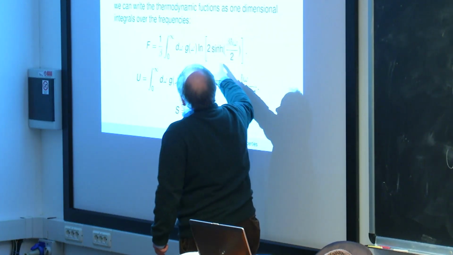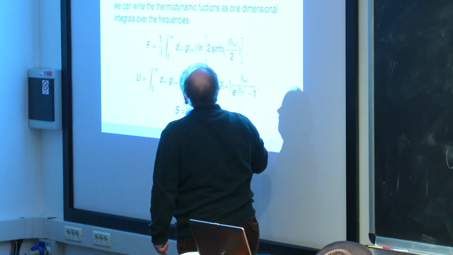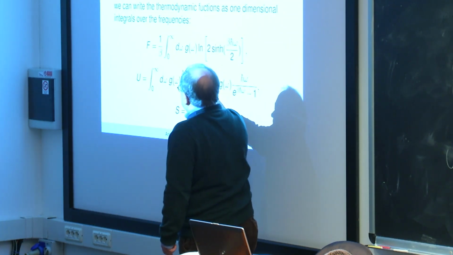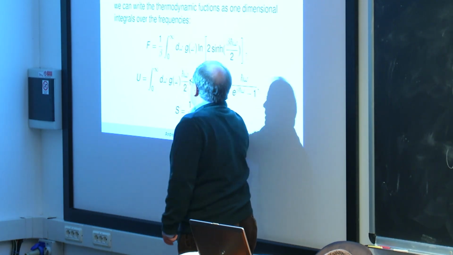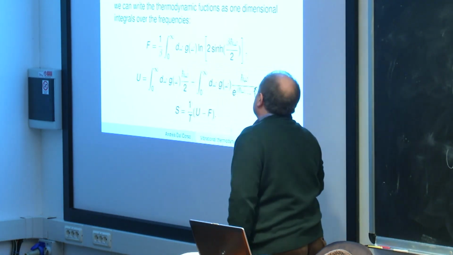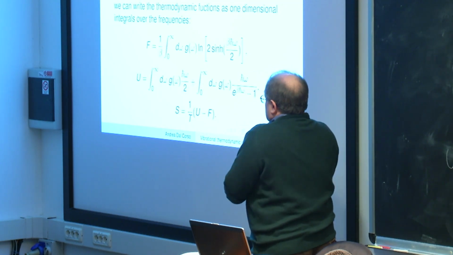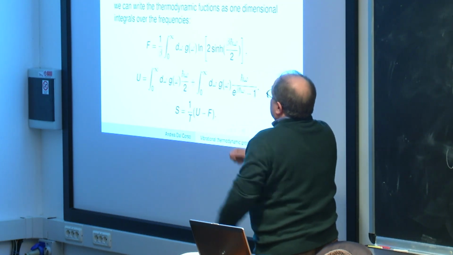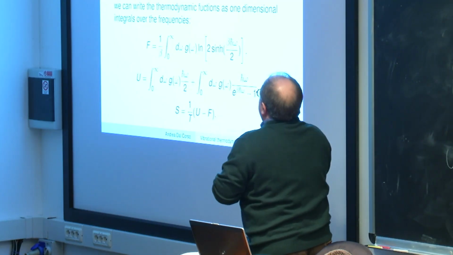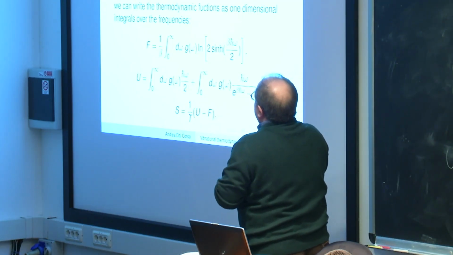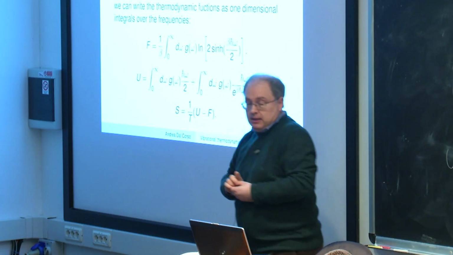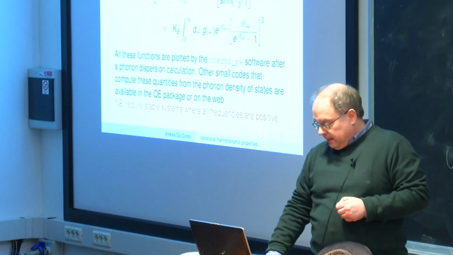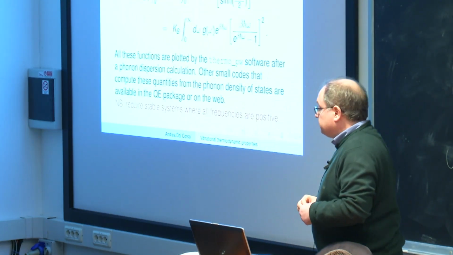Here we use the formula with the hyperbolic sine. The vibrational energy. There is also an expression for the entropy if you want, but we can also obtain it as a difference like this. Basically the question is to do an integral over the Q vector in the Brillouin zone and to get the vibrational density of states. Then we have the total energy and the free energy at that given geometry.